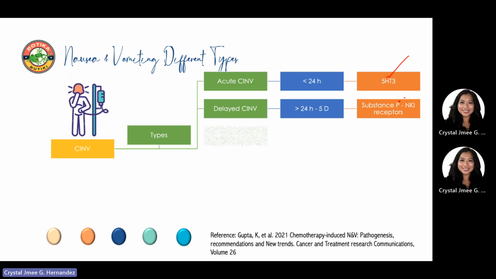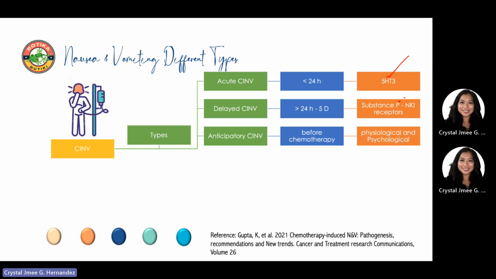And then we have the third one, the anticipatory CINV. When we say anticipatory, the nausea and vomiting occurs before chemotherapy. So normally it's, by the term itself, anticipated. This normally happens on the succeeding dosing or the succeeding cycles of the chemotherapy, since the person has had the idea of the extent of nausea and vomiting experienced during the chemotherapy session.